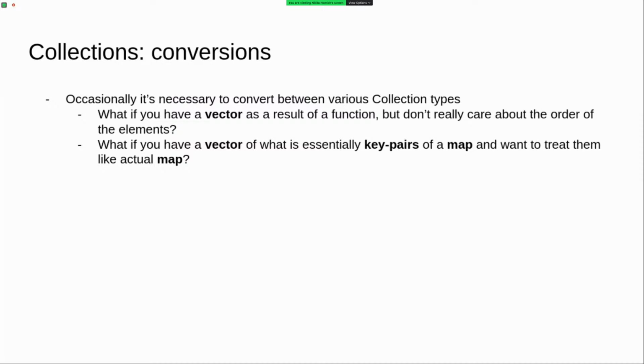One more thing is conversion from one data structure to another. For example, given a vector of numbers, we would like to get only the unique elements. And the most obvious choice for this would be a set, because a set by definition is a collection of unique elements. So we would like to convert a vector to a set.